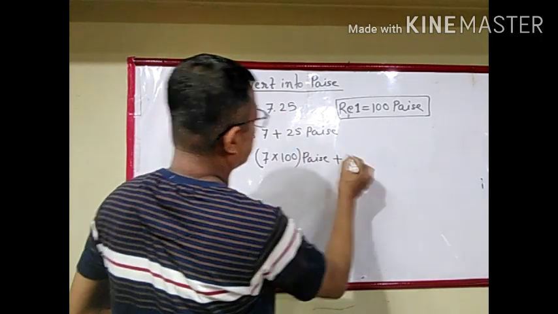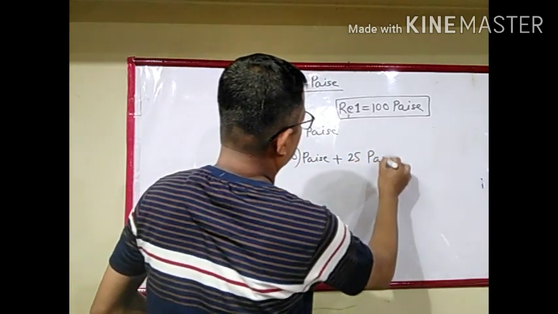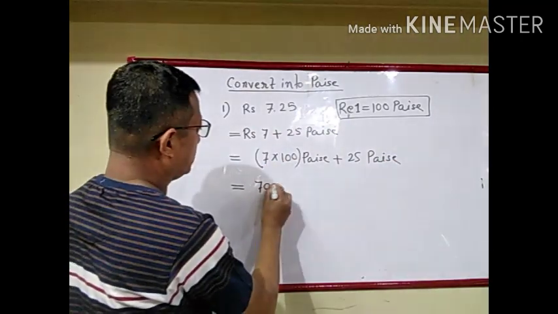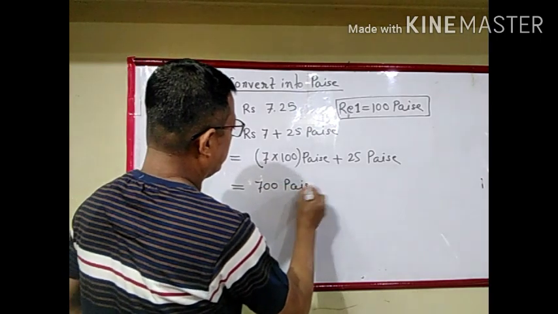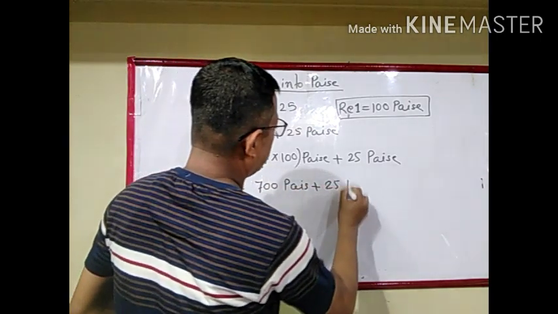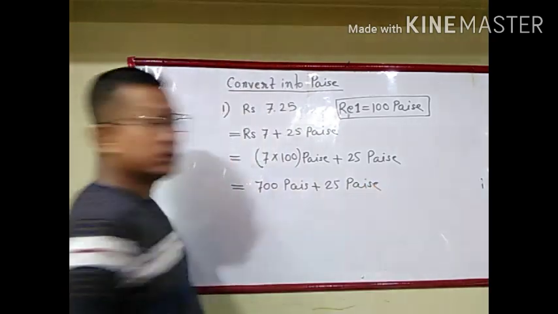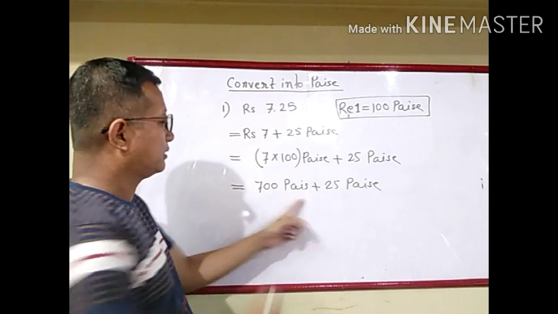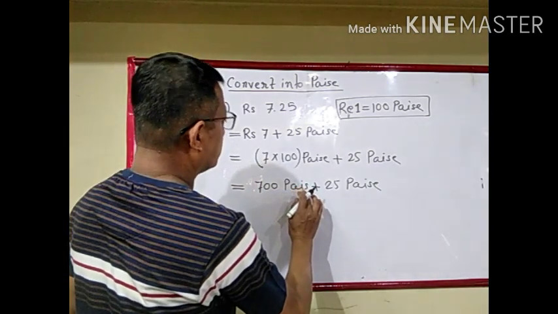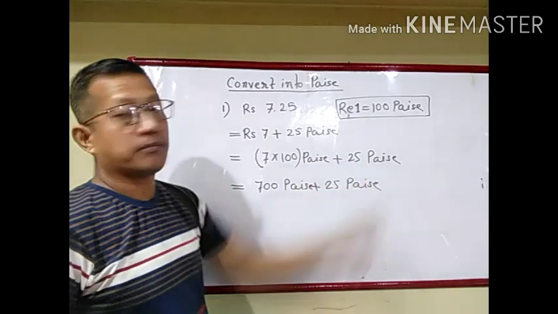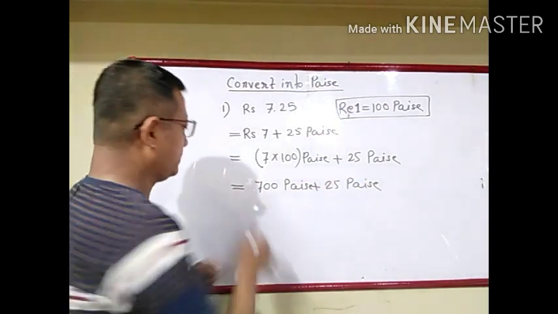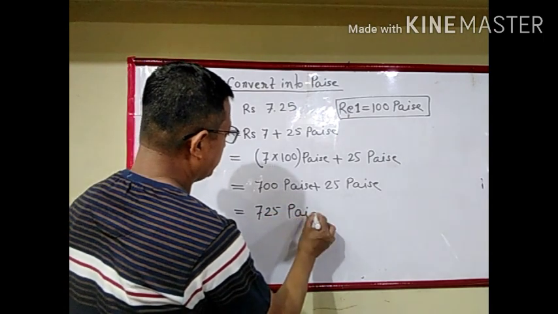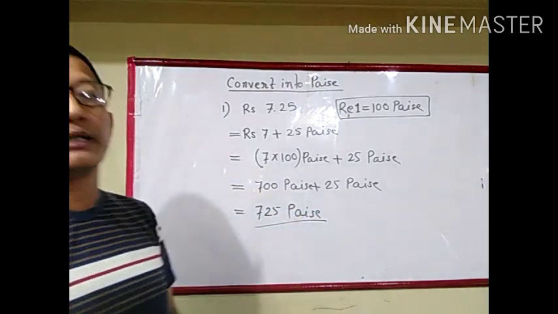Then plus this one, 25 pies. So this equals 7 into 100, 700 pies, plus 25 pies. Now you add both, 700 plus 25 equals 725 pies. Okay, so this way you can convert.